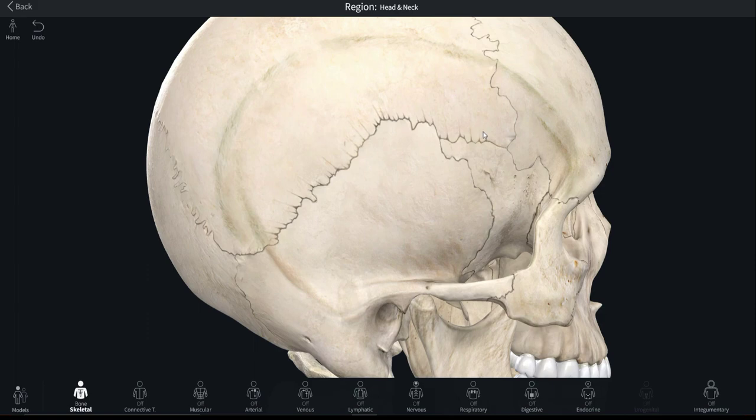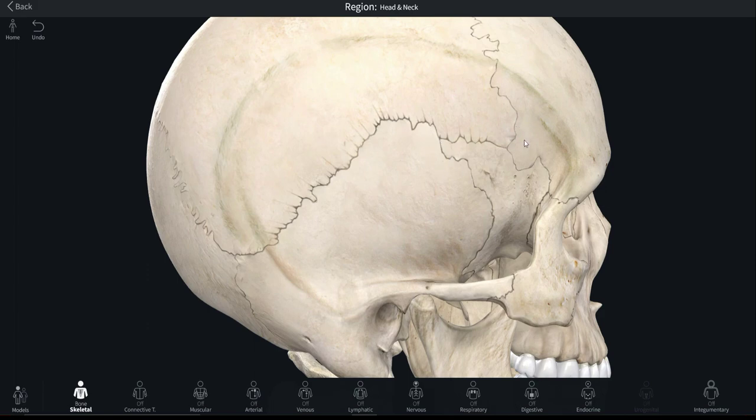Along this line, which is a part of the inferior border, I'm telling you to focus only on this much part. All right? See, we have the parietal bone over here, the sphenoid bone over here, the temporal bone over here, and the frontal bone over here.